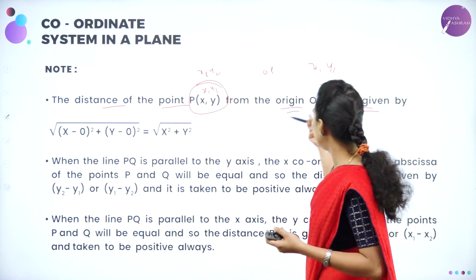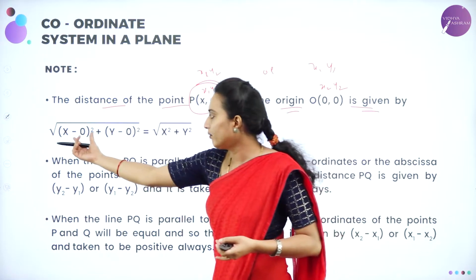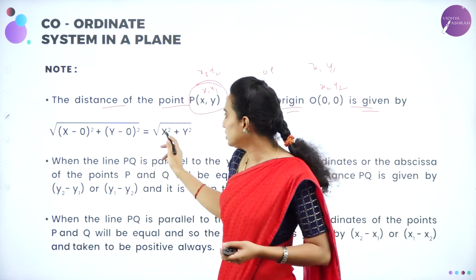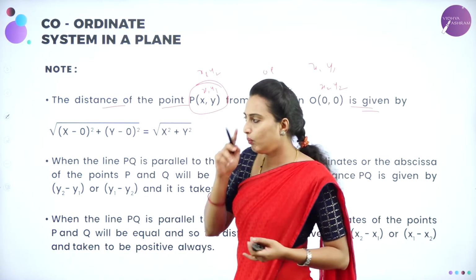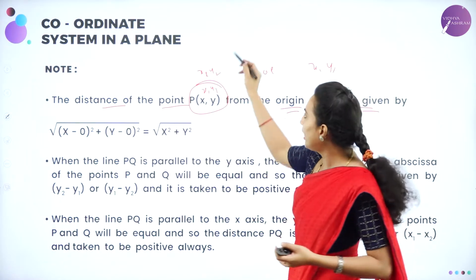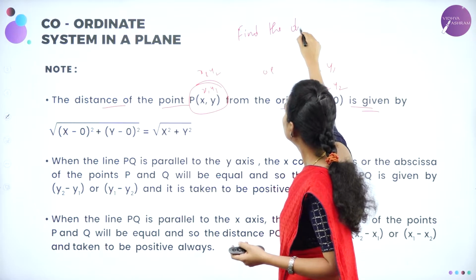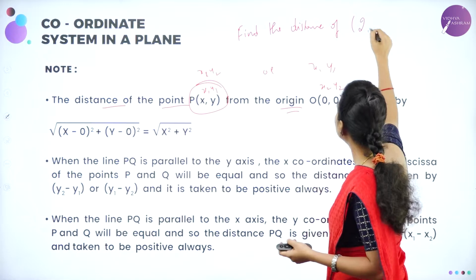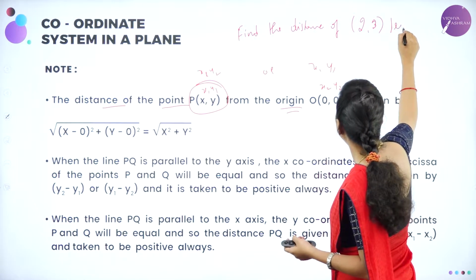One point has 0 comma 0 as its coordinates, so I can write x minus 0 whole square plus y minus 0 whole square is equal to square root of x squared plus y squared. Understood? So how can we find the distance of the point 2 comma 3 from the origin?